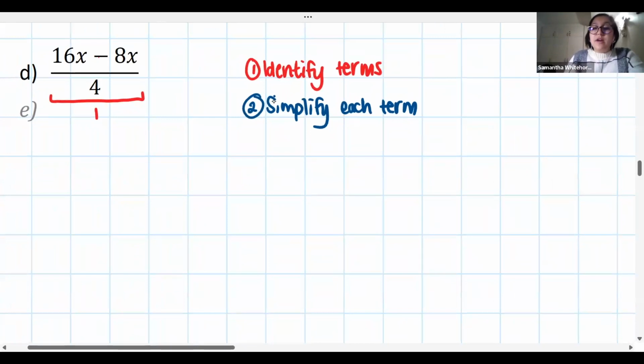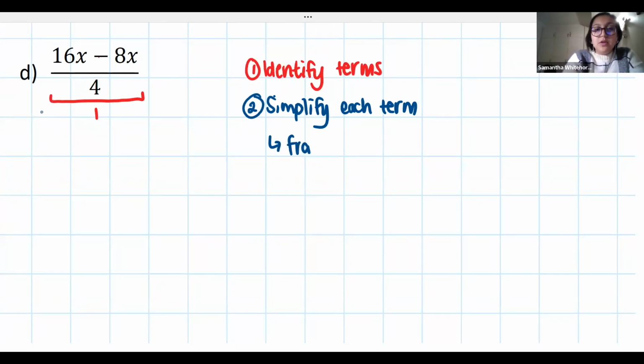Now, when you've got a fraction, I'll go back to the joke in a second. When we've got a fraction, guys, things are a little bit different. Whenever you have a fraction, you can separate the fraction.